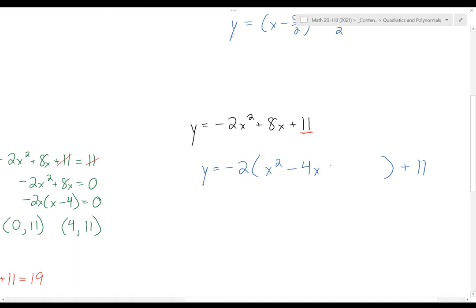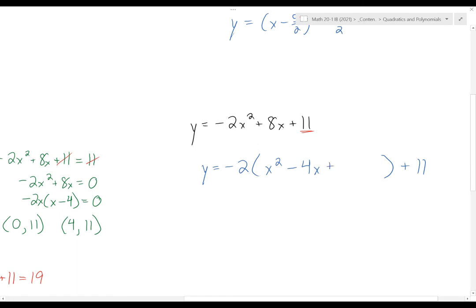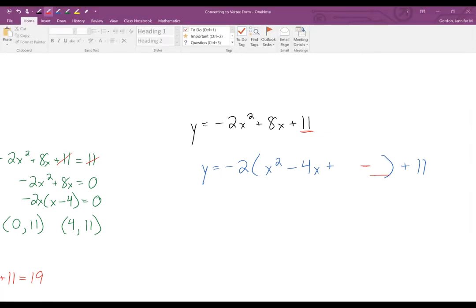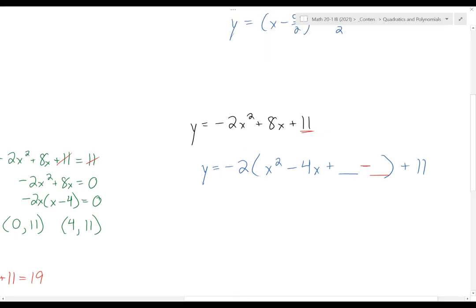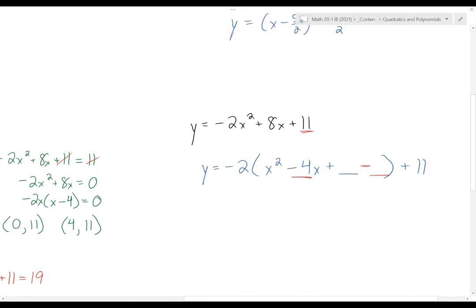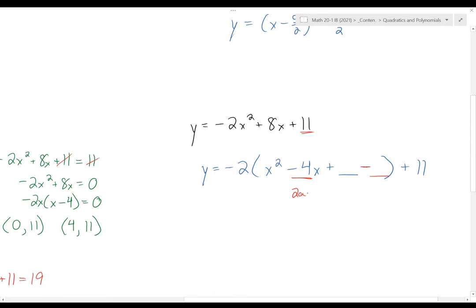So now I have to figure out what I have to add and then subtract to keep it balanced that would make this a perfect square. Well, remembering the form, the coefficient of x has to be 2a. So 2a equals negative 4, which means a equals negative 2, which means a squared equals 4.